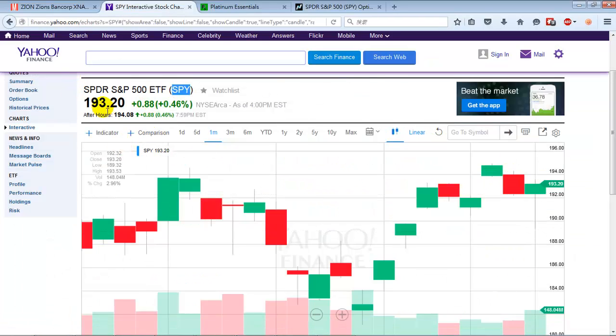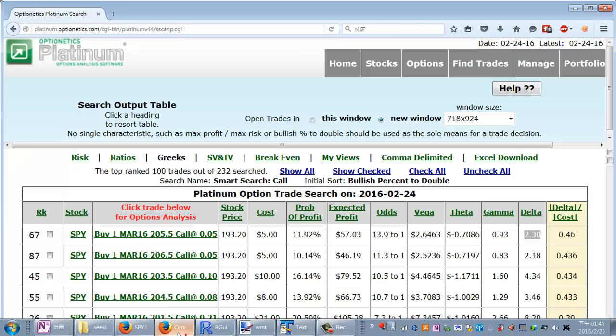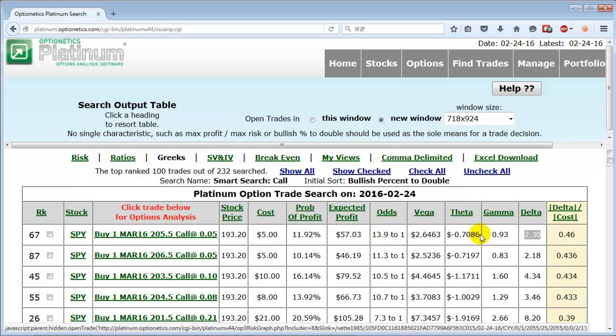So the SPY goes up 194.20, and now you've made $2.30 on an option that you only spent $5 on. All right, so you've almost doubled your profit. That's delta for call options.